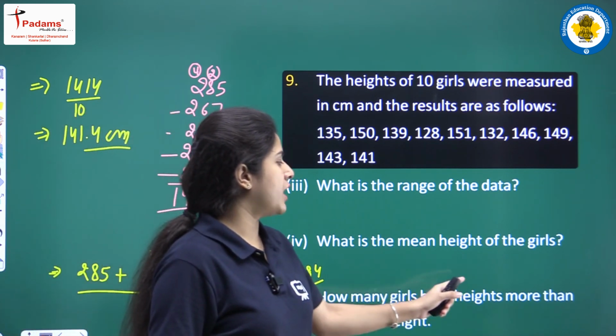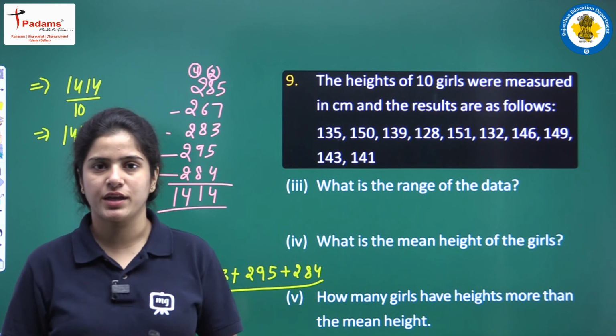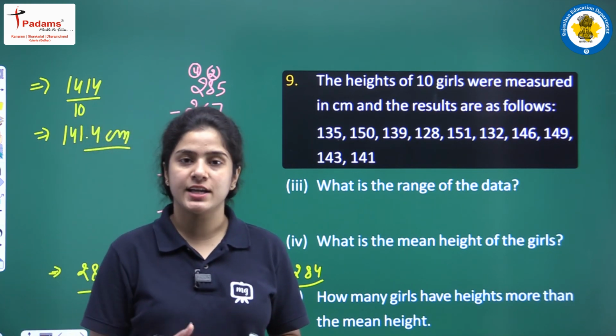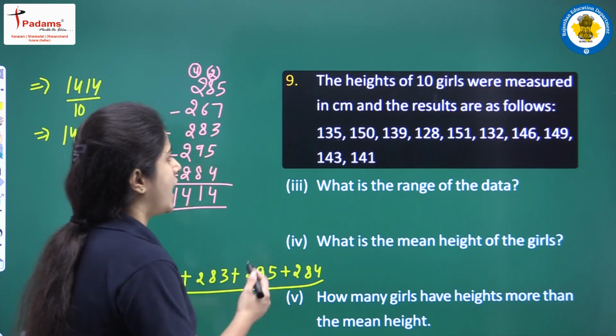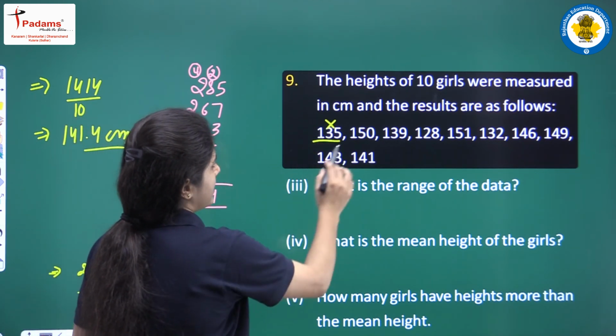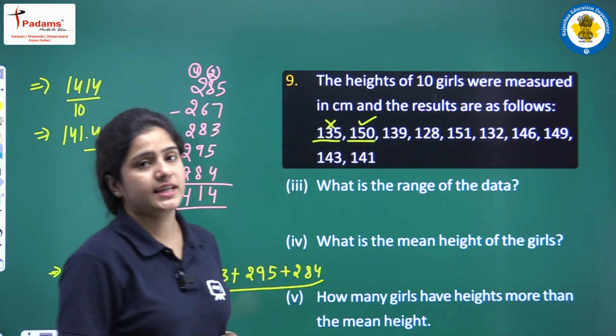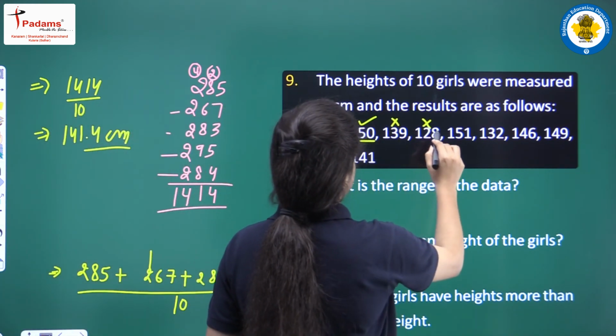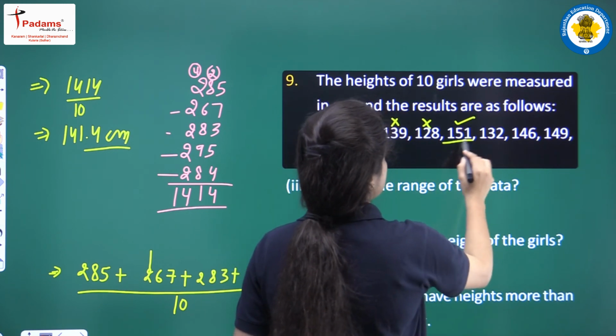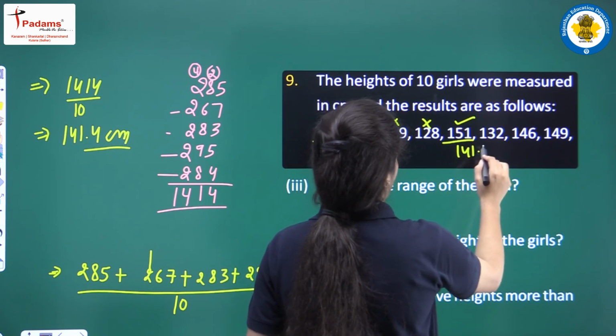How many girls have heights more than the mean height? Now you need to count the girls who have got more height than the mean height. Not this one, this height is not more than the mean height. No, no, yes, this is greater than 141.4.